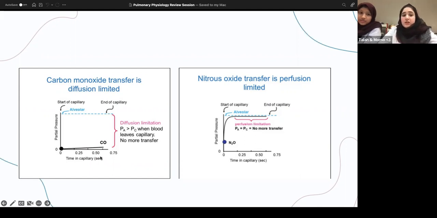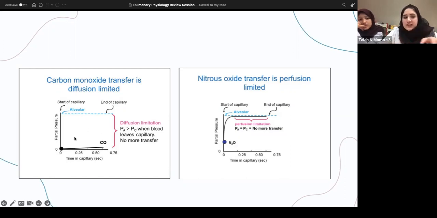But carbon monoxide, on the other hand, is very different. We have a lot of carbon monoxide inside the alveoli, and once it binds to the hemoglobin inside the blood, no more diffusion will happen.